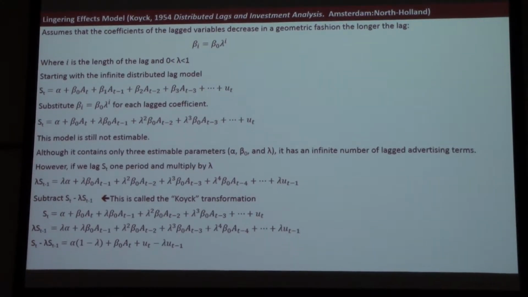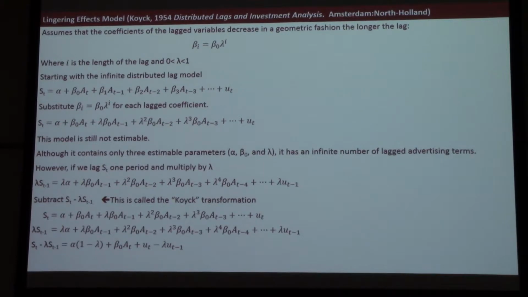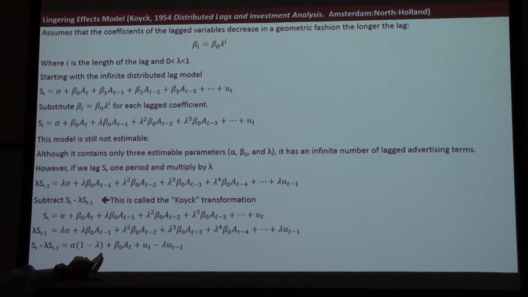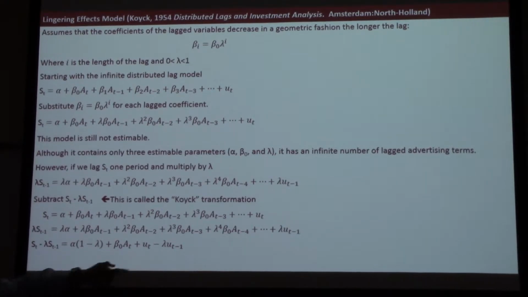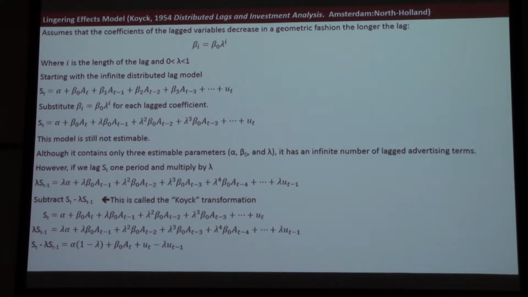except for this stuff. The stuff that remains is going to be the constants, beta 0, A_t minus 1, and this term here, which looks a lot like, what does it look like? Does that look like this? Except replace this with lambda.